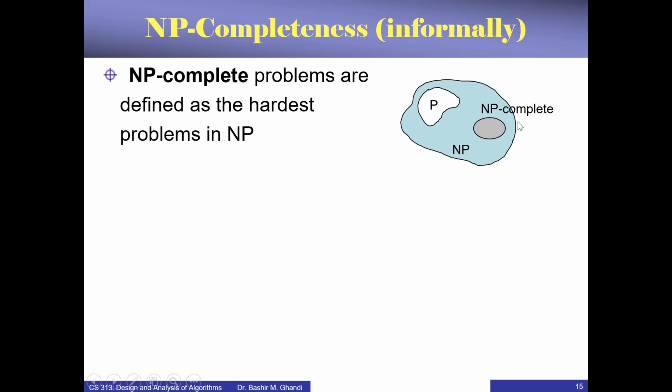So if this is your class of NP, then the hardest among them are what are called NP-complete problems. Sometimes you will see them shortened as NPC. Some authors will abbreviate NP-complete as NPC.